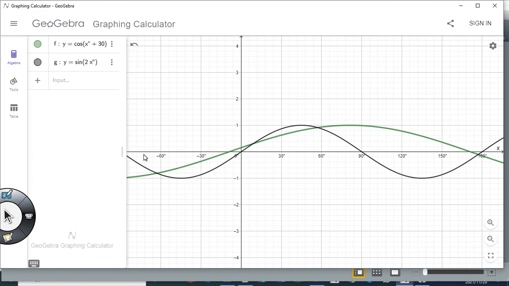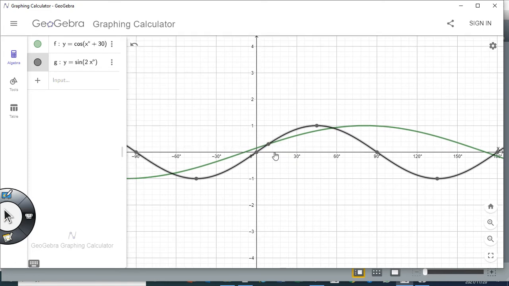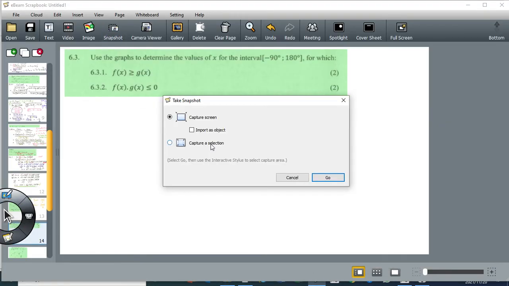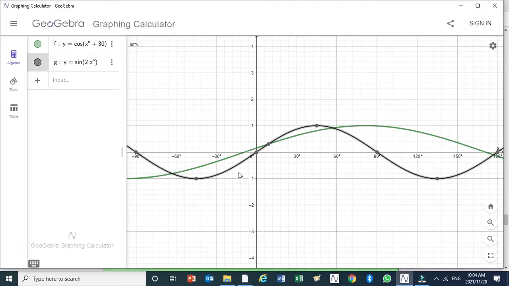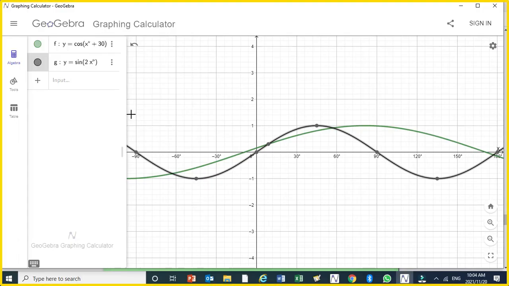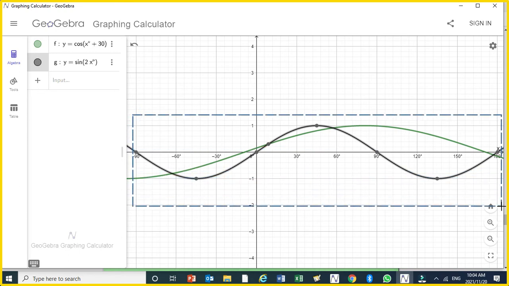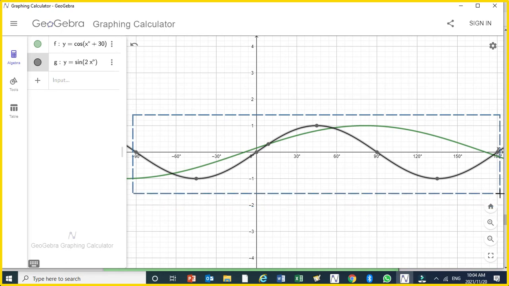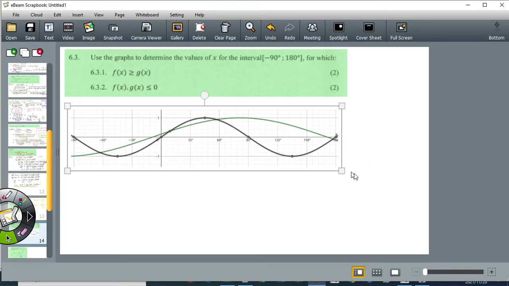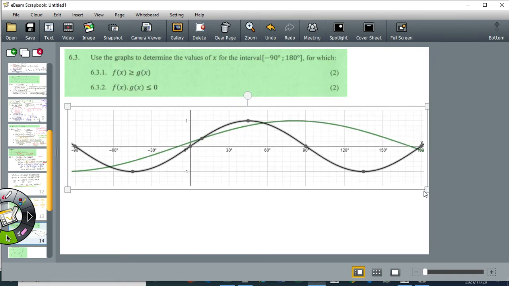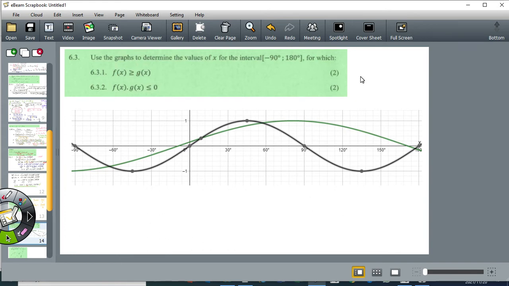That's why I stopped. Okay, so that's it there.